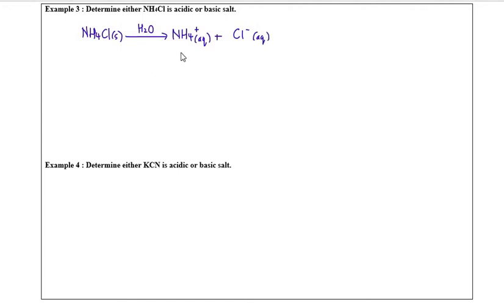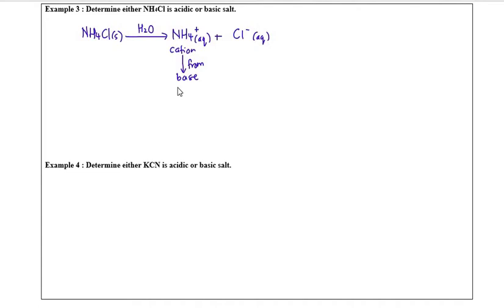After you write the dissociation of the salt, you have to predict what the suitable acid and base are to produce this cation and this chloride ion. As I said before, all the cation comes from your base. So you have to determine the suitable base that produces this ion.